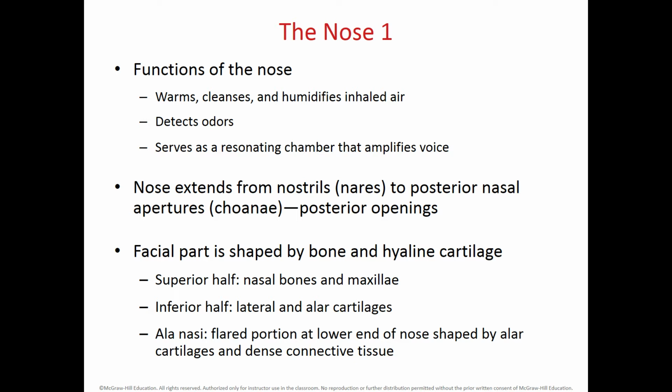The nose starts at the nostrils or nares, which is the anterior opening, and then ends in the posterior opening of the nose that we call the choanae. Now, the nose anteriorly, the facial part, is made by bone and hyaline cartilage. At the root of our nose, we have the nasal bones, and then the tip of our nose will be made of hyaline cartilage.